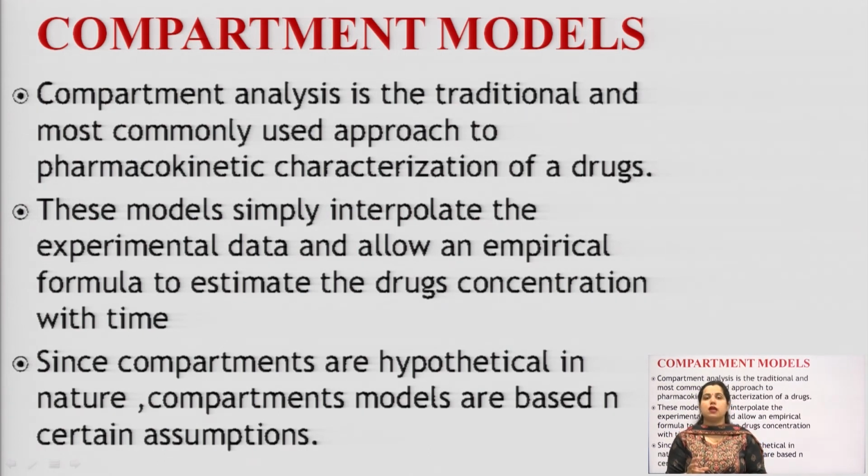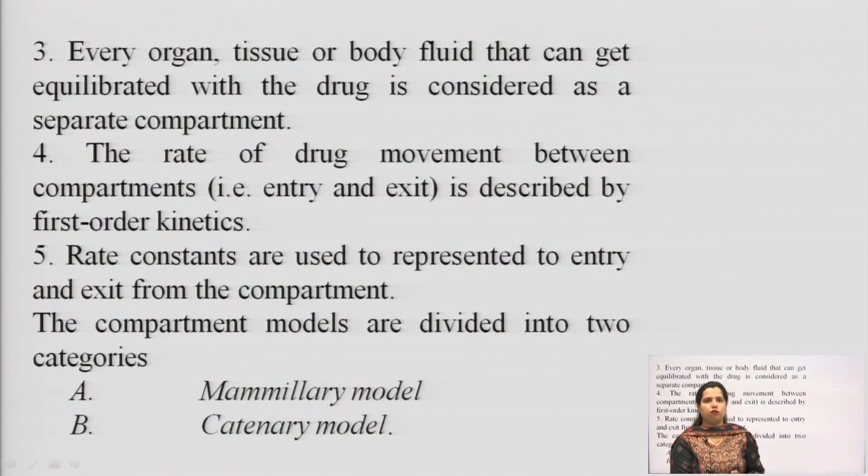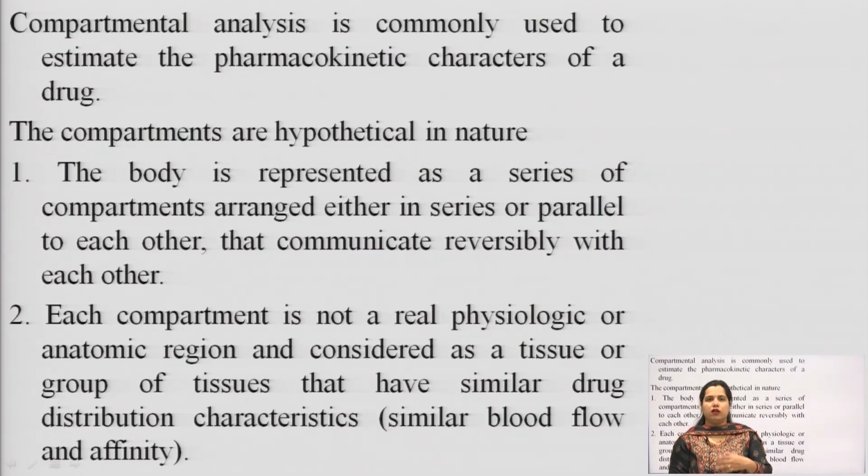You need to understand all these points: in order to identify different pharmacokinetic parameters, we need to set up a set of conditions to analyze these parameters. In that case we use compartment models, arithmetic models. These are hypothetical in nature, not real.